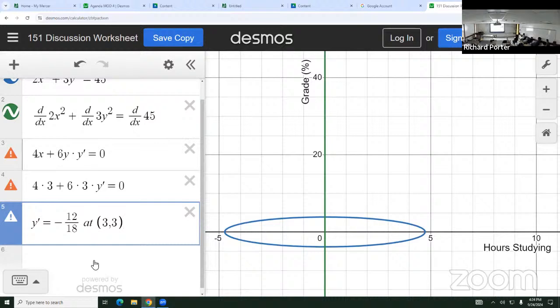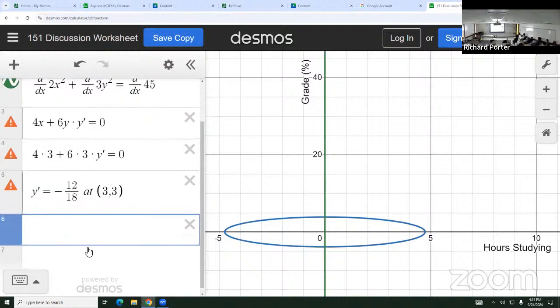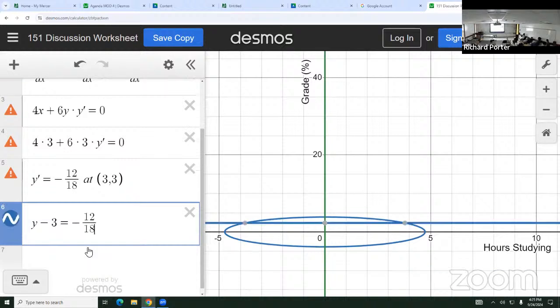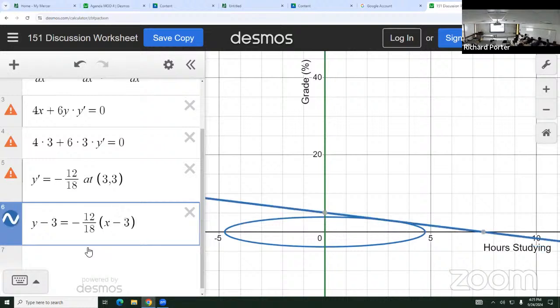If I want to see that, remember I can do y minus 3 equals minus 12 over 18 times x minus 3. Do you see it now? You see the tangent line?